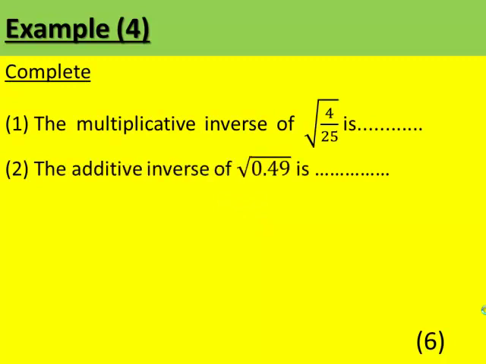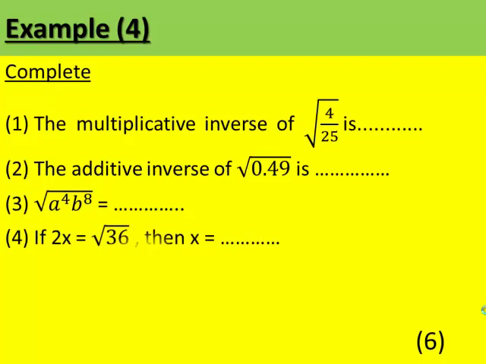Complete. Number 1, the multiplicative inverse of the square root of 4 over 25 is. Number 2, the additive inverse of the square root of 0.49 is. Number 3, the square root of a power 4 p power 8. Number 4, if 2x equals the square root of 36, then x equals.